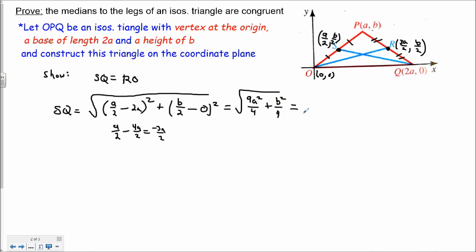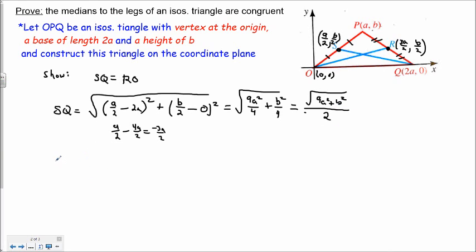So this entire value is the square root of 9A squared plus B squared, all over 4. But the square root of 4 is just 2, so I'll extract that from my root, and I get this. So that's the length of SQ.